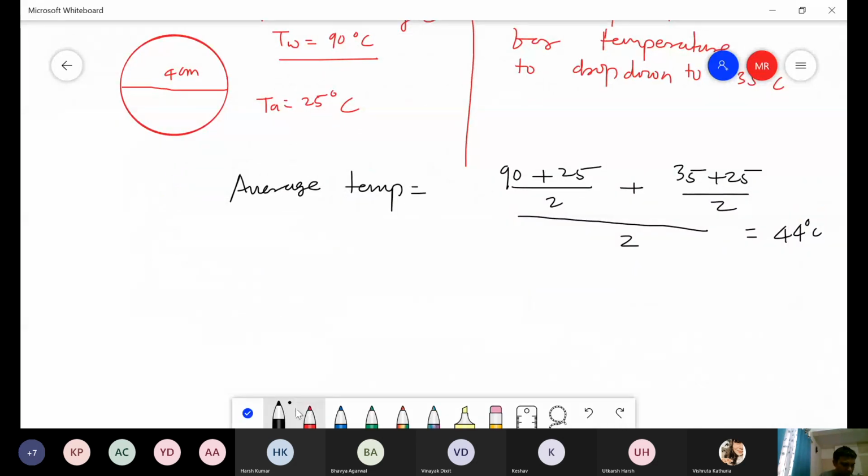That Rayleigh number is given as G beta delta T D cube by nu and alpha. This is the formula of the Rayleigh number with respect to diameter. So here we can calculate the Rayleigh number. G we already know, that is 9.8.